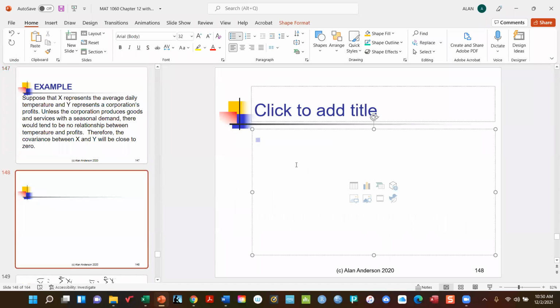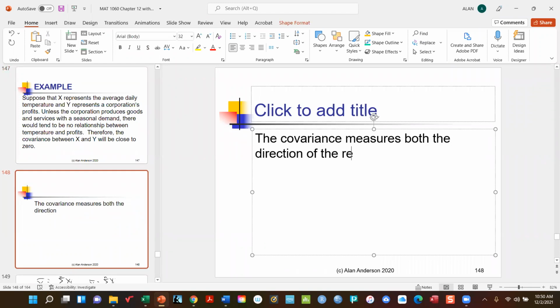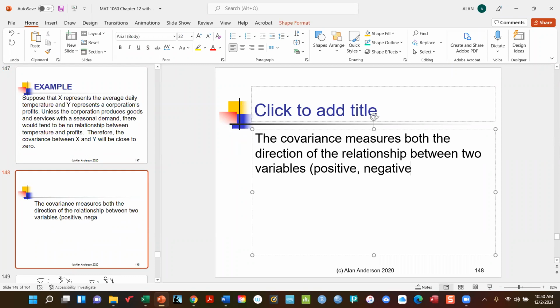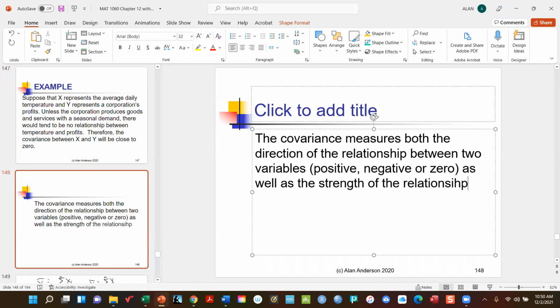So the covariance is an attempt to measure both the direction of the relationship between two variables, in other words, positive, negative, or 0, as well as the strength of the relationship. So let me show you what I mean by that.